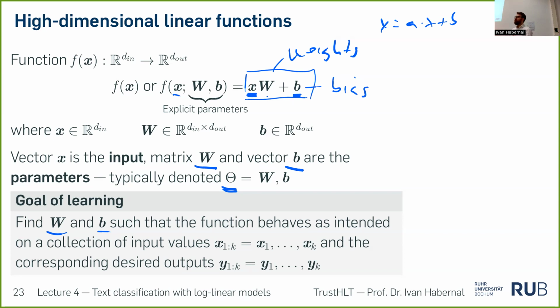Could be another vector, could be also a scalar. It's like a one row matrix. It could be a scalar. You can project a vector into another vector of dimensionality 1 to n. So it could be a scalar.